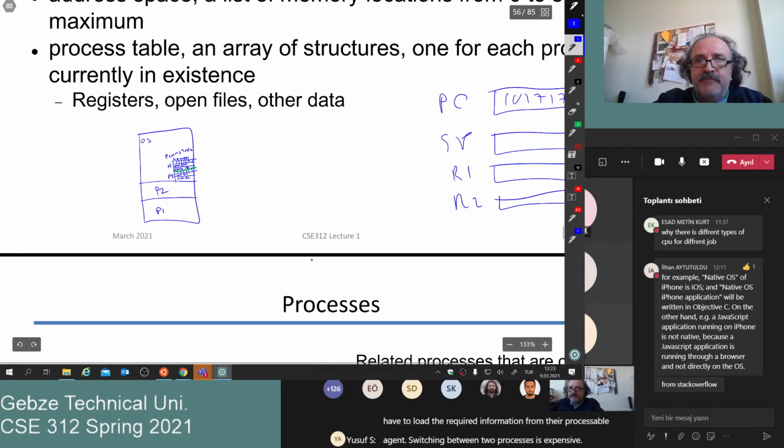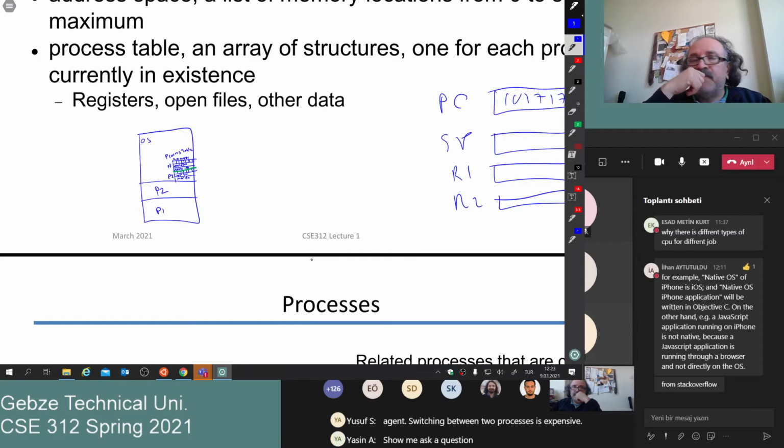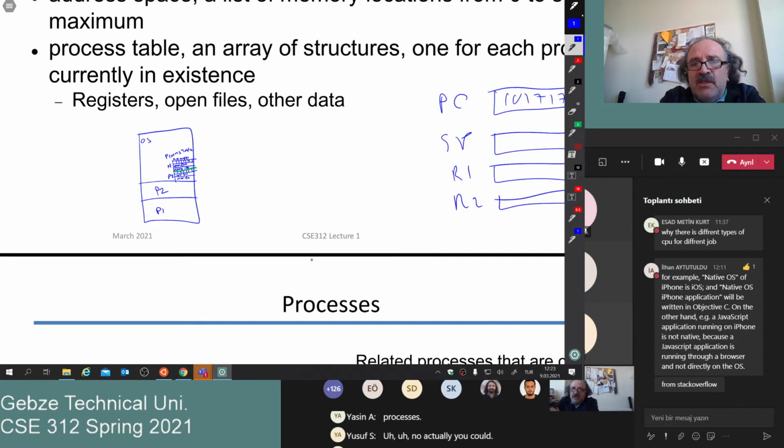Good. Sir, may I ask a question? Sure. A program corresponds to only one process, right? I mean, we cannot divide one program into separate processes. No, actually, you could create your own processes, as many as you like.